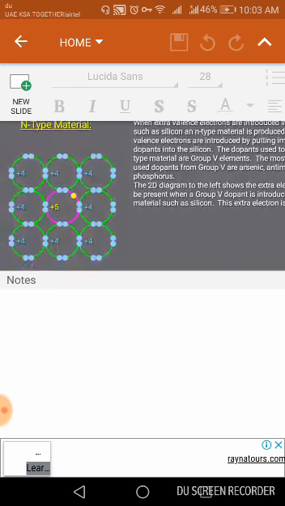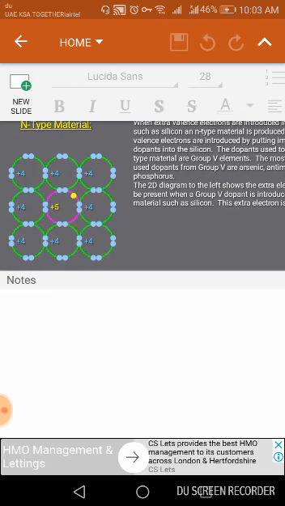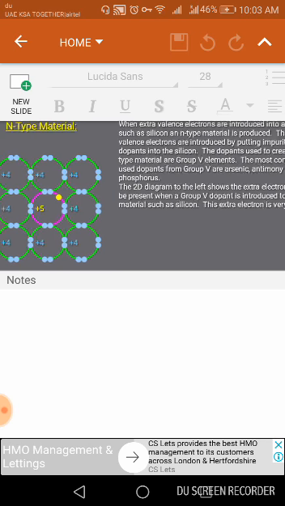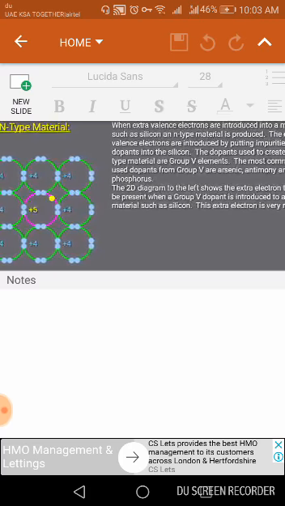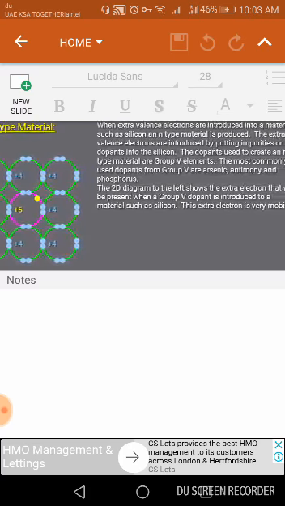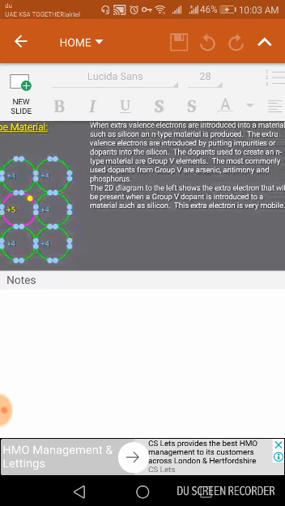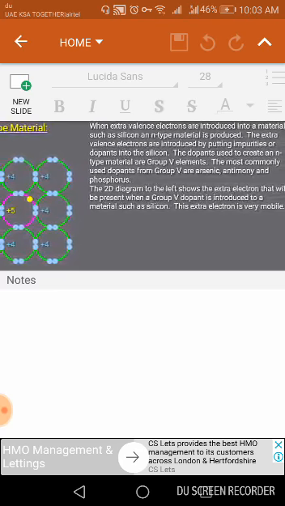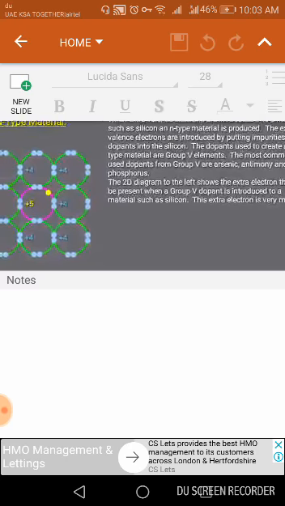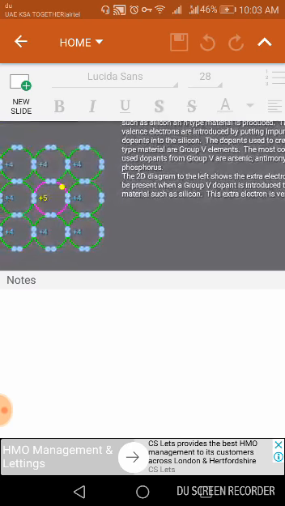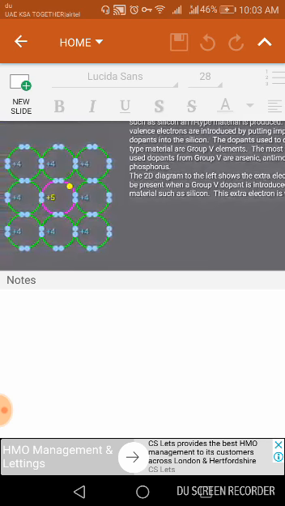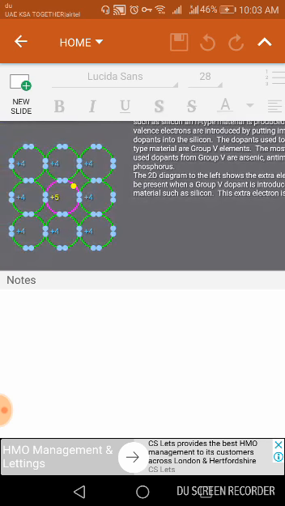You could see in the picture, it is a silicon structure, that is +4. That atom denotes the silicon, and one extra pentavalent impurity, either arsenic, antimony or phosphorus, is added to this diagram. This is just a 2D representation. Since it is pentavalent, 5 electrons are there, so 1 electron is left as a free electron.